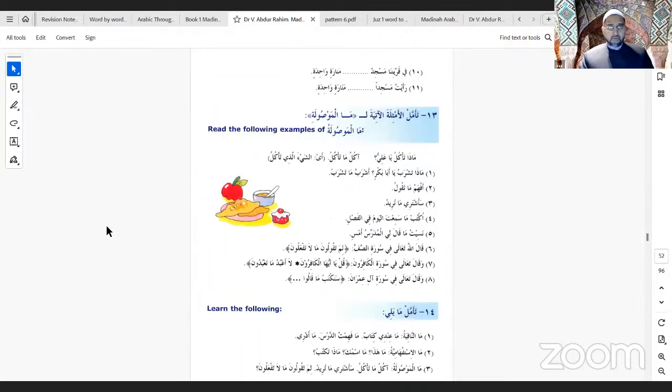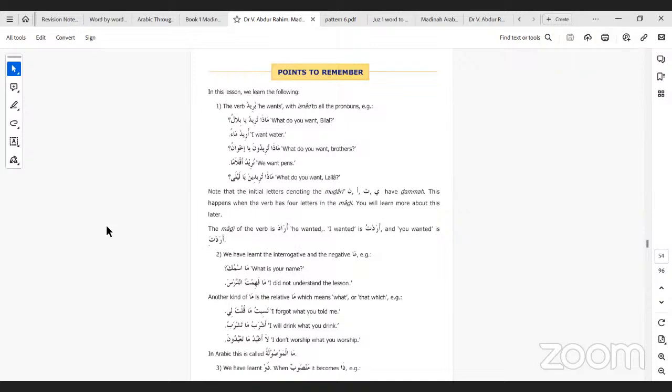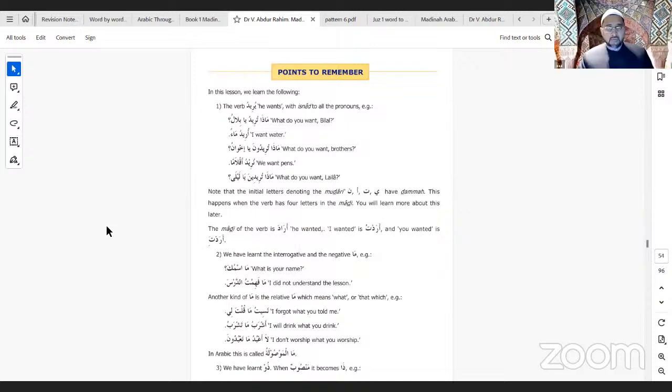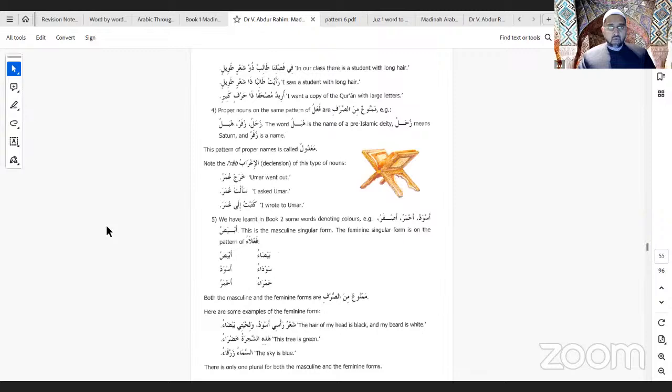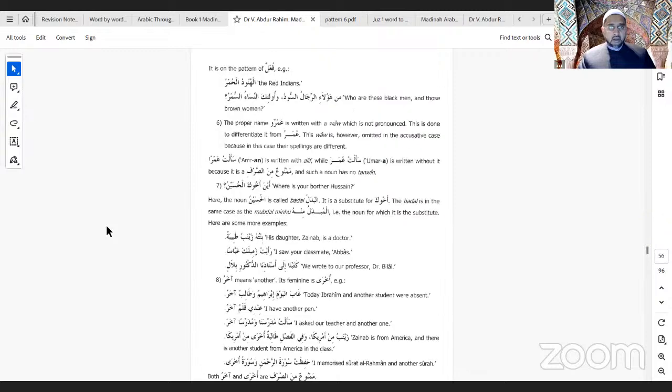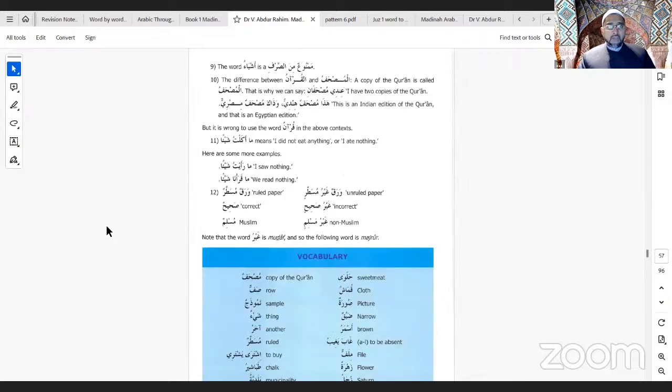The points to remember in this lesson are how to use the verb yuridu and how to use ma, dhu, and what else is there? And also we are going to learn about badal and one more other thing which I'll have to read to explain.